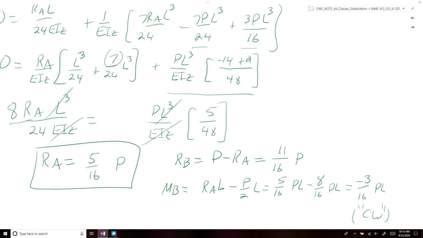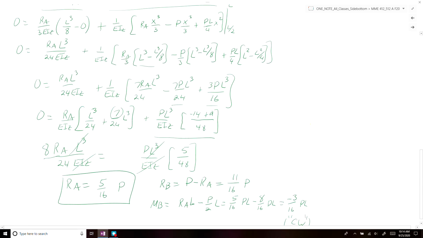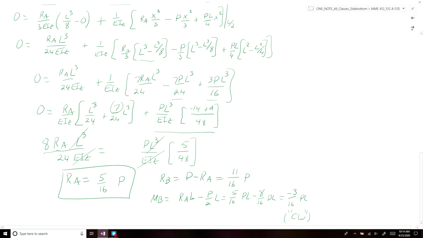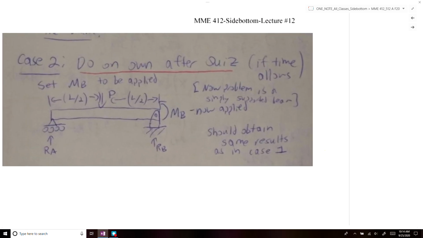So in this case, instead of solving for point A, we could have solved for one of the reaction forces at point B. We could have treated the beam as a simply supported beam where we had a roller at one end and a pin at the other end where we had an applied moment.